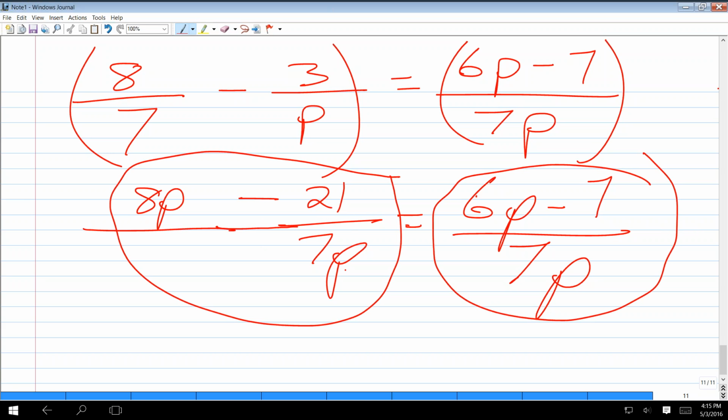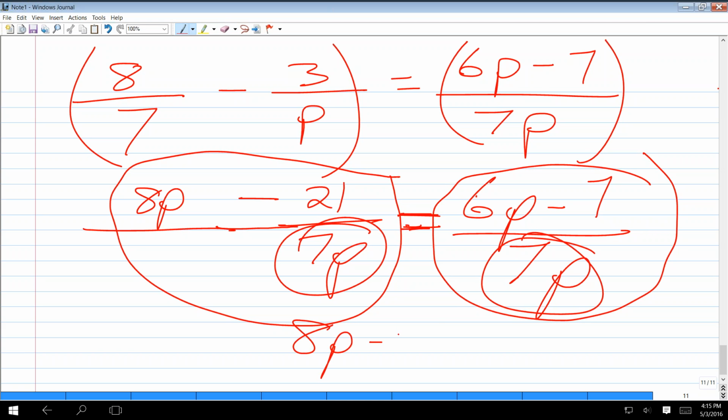If you cross multiply, you make it much more complicated. But if you realize, wow, I have the same denominator, that means my numerator has to be the same. There's no way these two things can be equal if my denominators are the same without my numerators being the same. So now I can get to the same place with about the same amount of math.